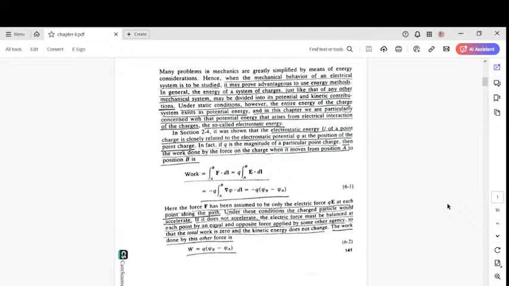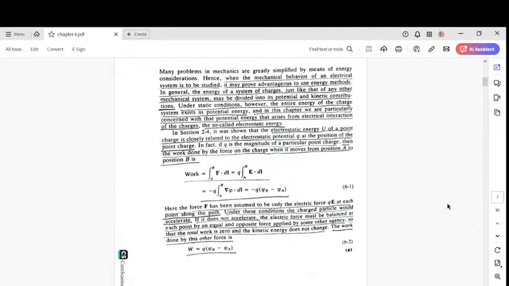Electric force F is equal to QE, although we know that electrostatic force by Coulomb's law is equal to 1 over 4 pi epsilon naught Q1 Q2 over R square, but over here we have considered the electric force instead of the electrostatic force by Coulomb's law.